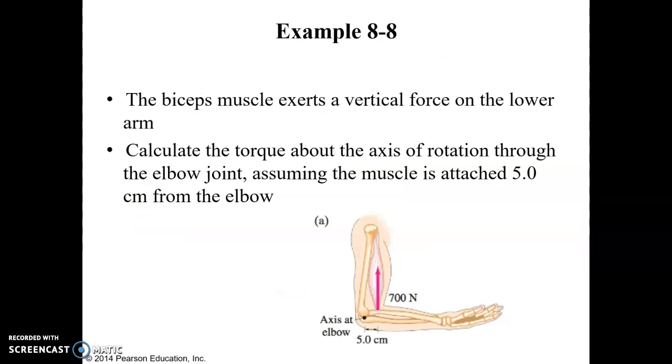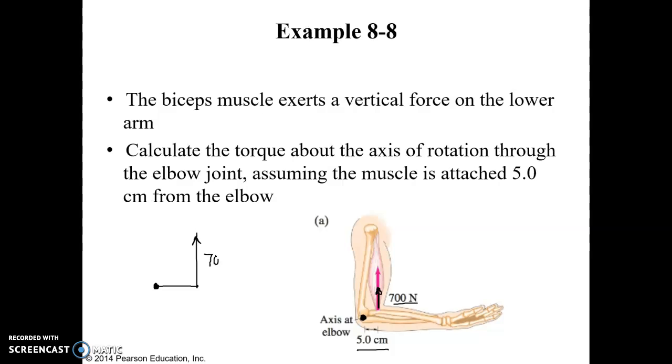So let's look at an example problem where we have a skeleton with a bicep muscle attached to it, and the muscle is capable of exerting a force up of 700 newtons. And here's the actual hinge, the actual point of rotation, and it is 5 centimeters away from where that force is being applied. So if we simplify this diagram, it's basically like this.